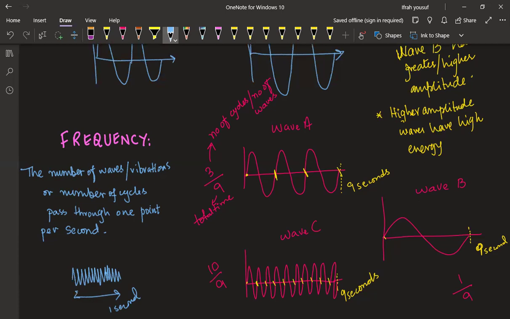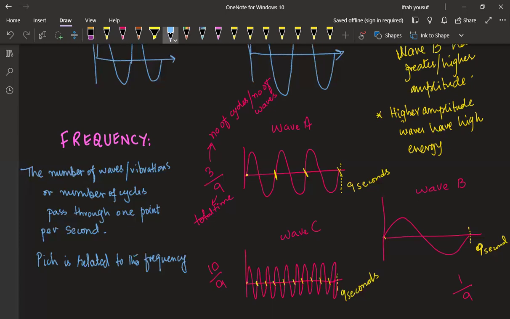Remember, pitch is related to the frequency. Another term that can be used to define the different quality of sound is called pitch. Pitch is related to the frequency.